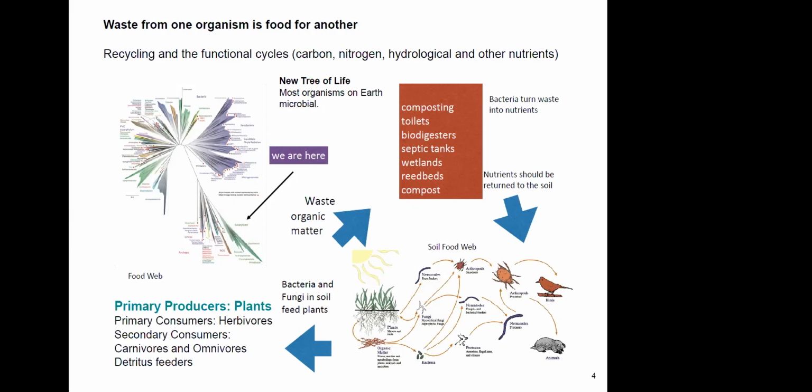So if you have no microbes in the soil, if it's not alive, then you have plants that are very weak in nutrient value. So if we look at the next blue arrow, which goes to the left, we can see that the bacteria and fungi in the soil are feeding the plants.